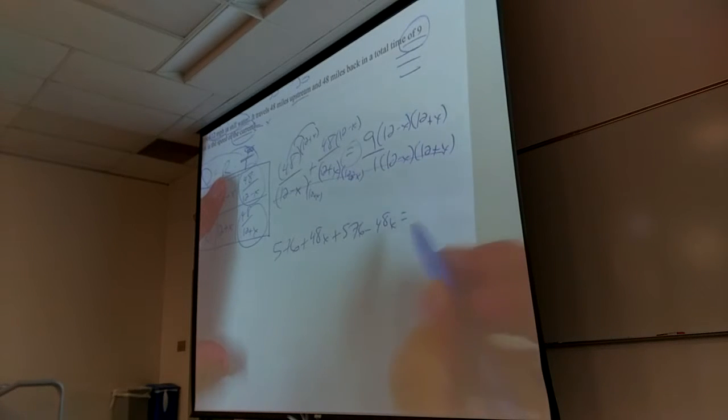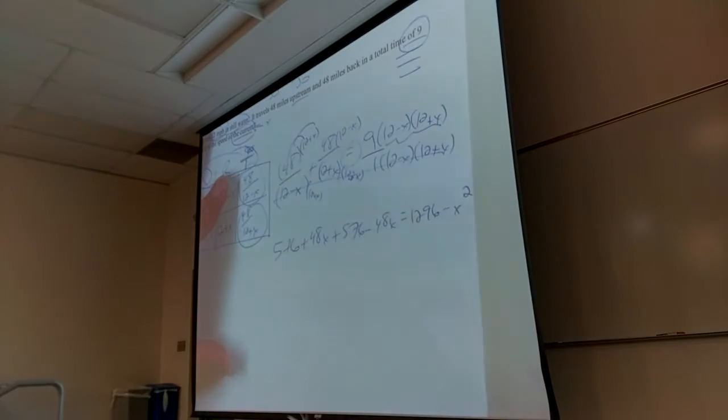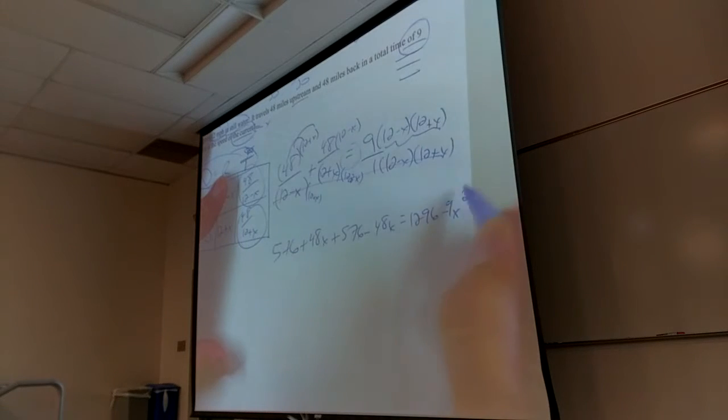Is that right? 9 times 144? 1296? So there you go. Just to cut to the chase, if you FOIL this, you get 144 minus x squared, and then you distribute a 9 through, you get here. Oop, you need a 9, Jeff. There you go, buddy.